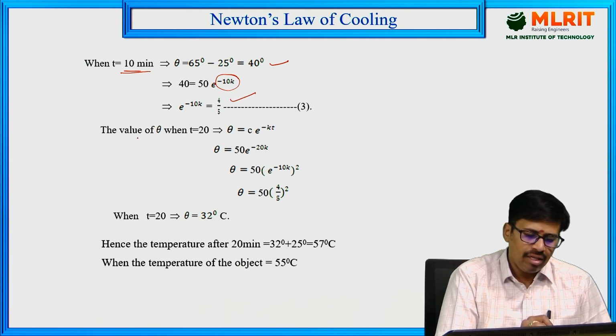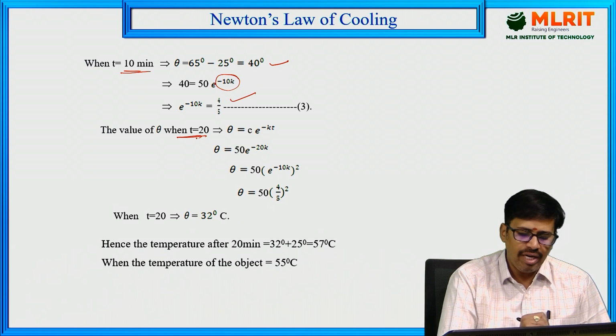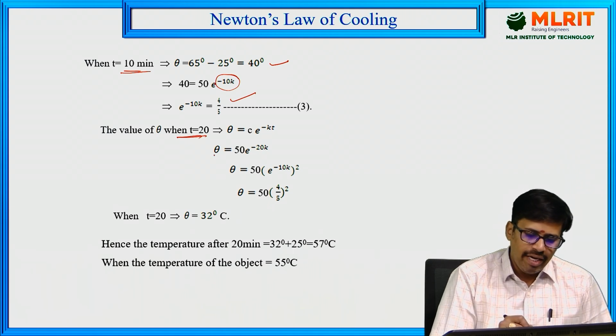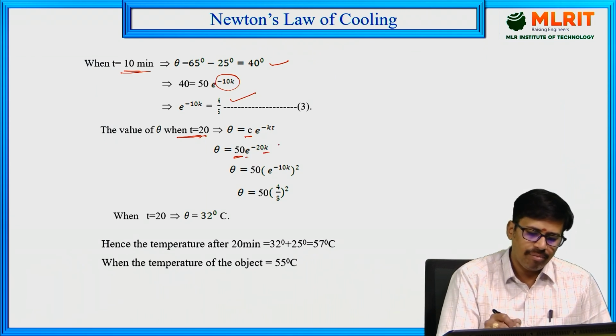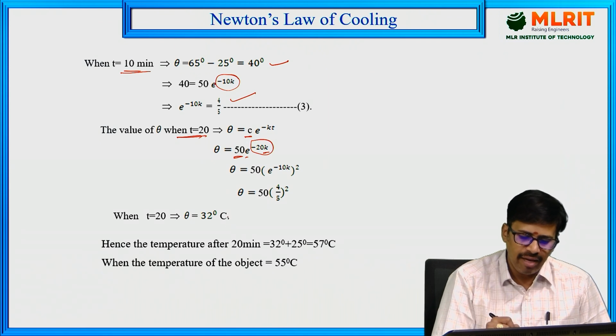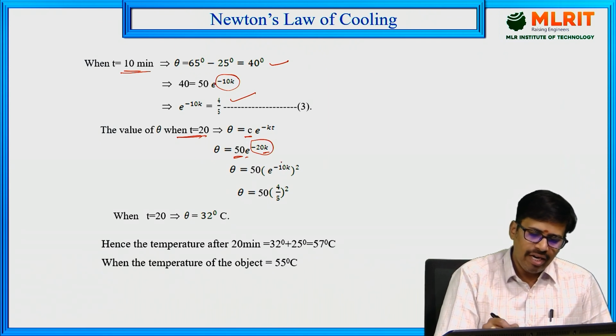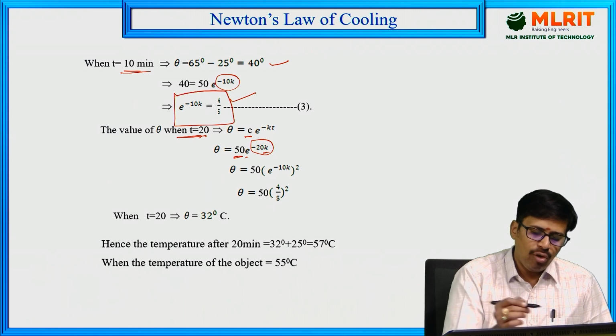Now the value of theta when t equal to 20 is 50 e power minus k into t. K into t means 20, so e power minus 20k. So theta value is 50 into e power minus 10k, whose value is 4 by 5.